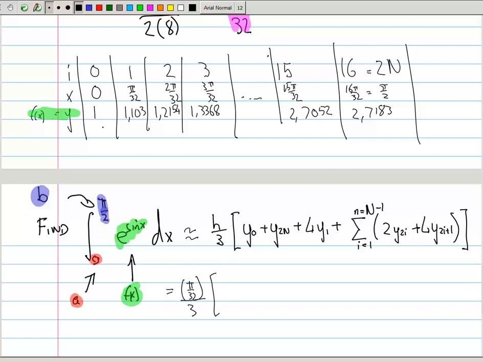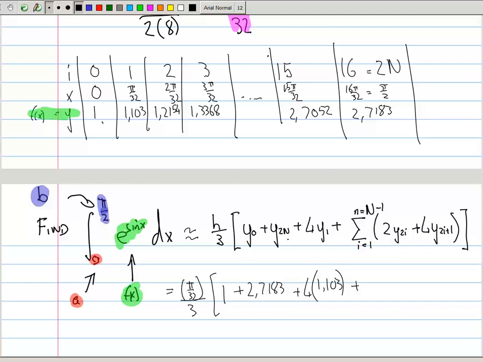And we have our y0, that's 1, plus our y of 2n, that's our final term, which is 2.7183, plus 4 times our y1, 1.103, plus, now we're going to look at the sigma term, so we're basically going to be going term 0, 1, then we're starting at 1, so 2 times 1, so 2, 3, 4, 5, 6, 7, 8, 9, all the way up until n minus 1, which is going to be, n is 8, so that's going to be up to term 14.